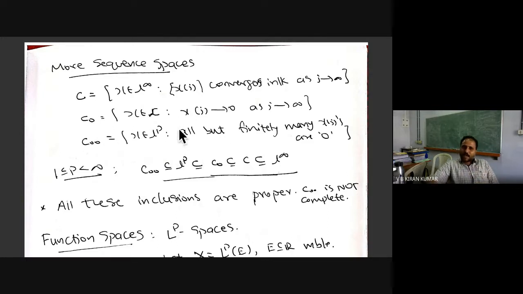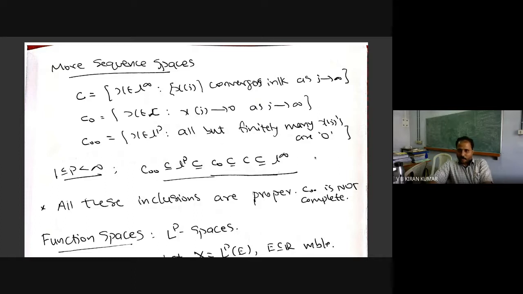And the third one, C00, is the sequence space in which all but finitely many of the xj's are 0. This trivially converges to 0 because there are only finitely many non-zero terms. But this will not be complete; it will not be a Banach space. That you can see very easily.